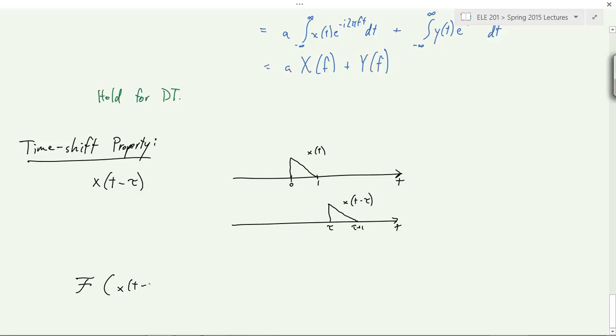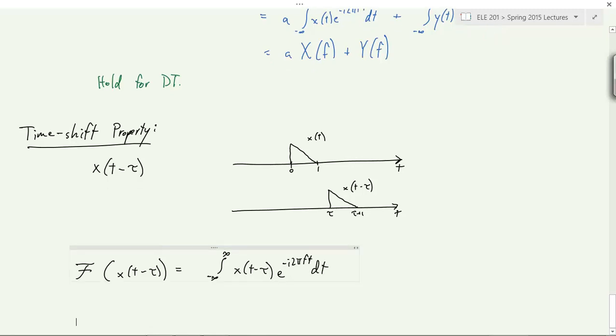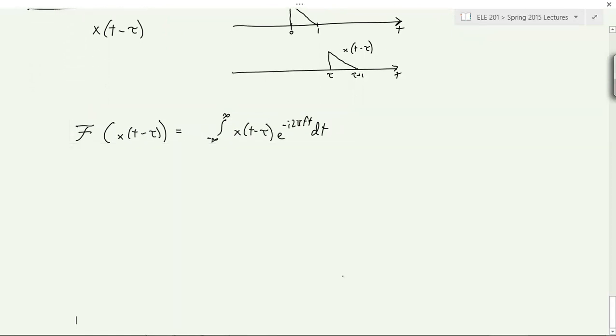So let's do this. Again, do a change of variables. But this time, just let u equal t minus tau. There's no scaling constant for that change. So you get x of u, e to the negative i 2 pi f, and you get a u plus tau up here, du.